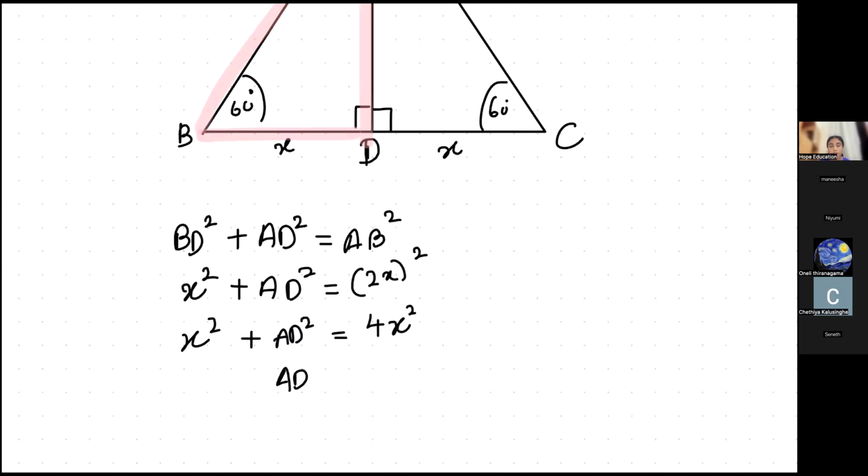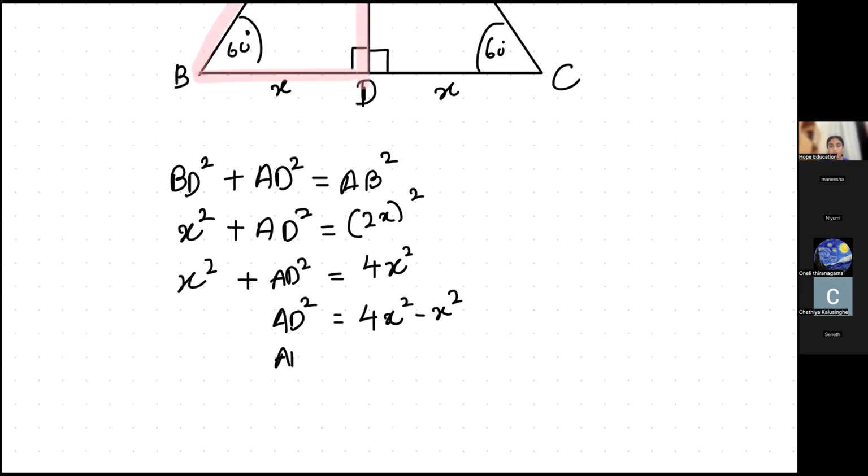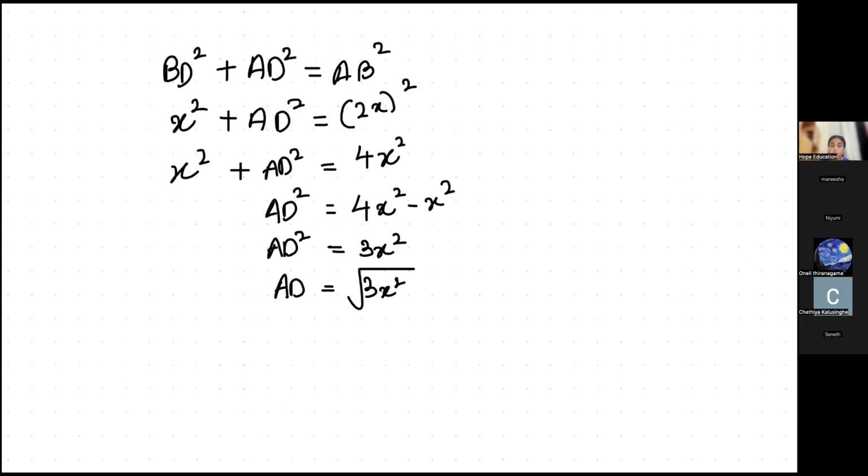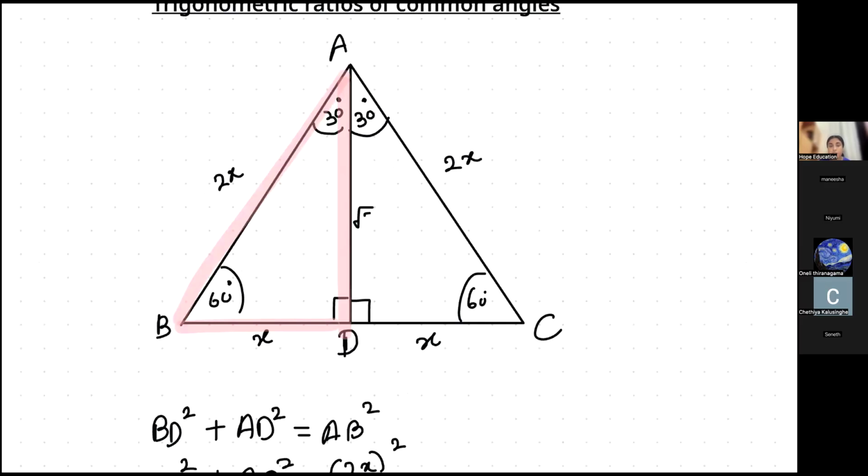So AD squared is 4x squared minus x squared. That means AD squared is 3x squared. Right? AD squared is 3x squared, and AD is the square root of 3x squared. We don't know the square root of 3, so I will leave 3 inside the square root, but the square root of x squared would be x. Therefore the length of AD is root 3 times x, root 3 x.